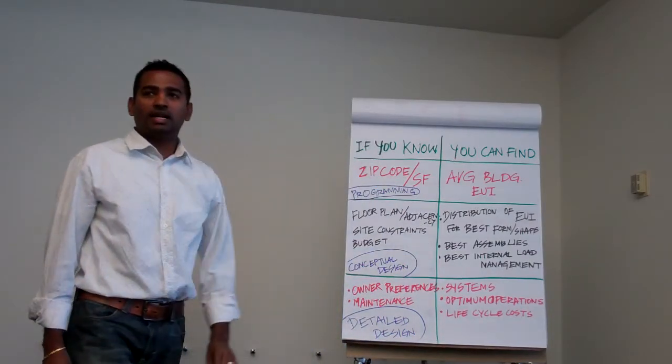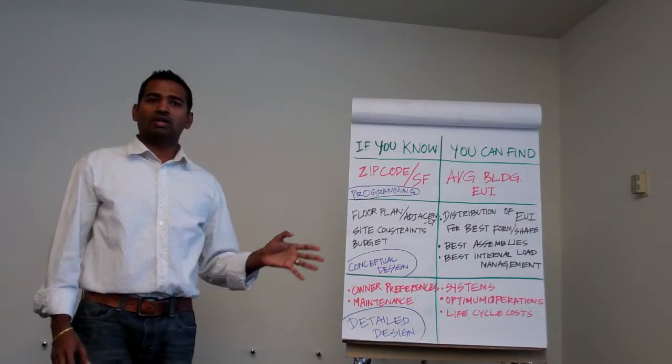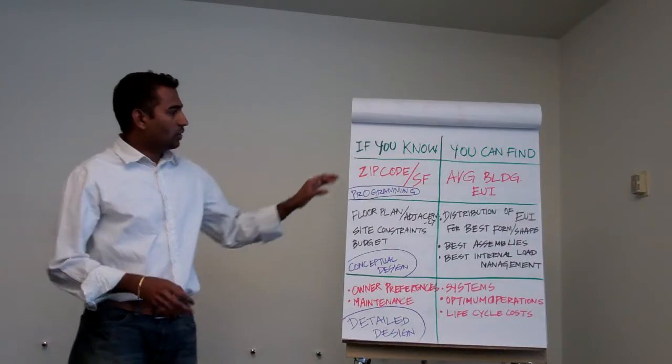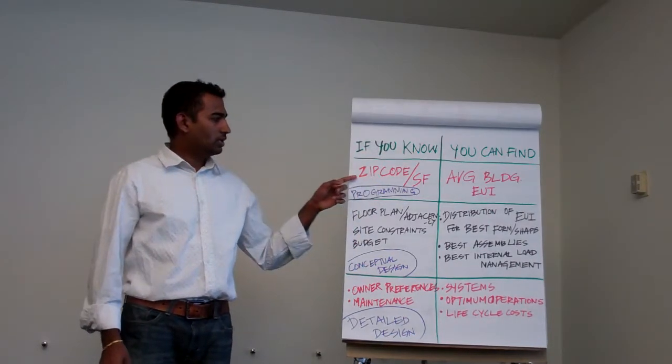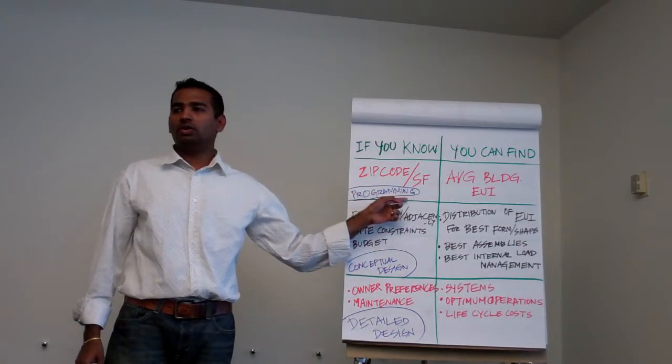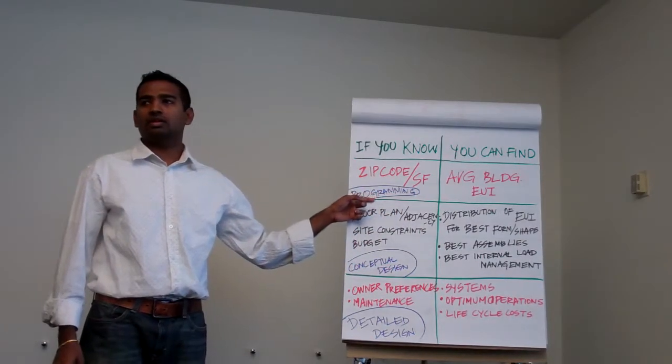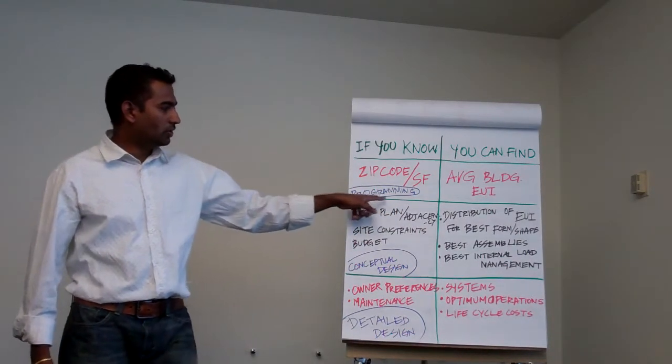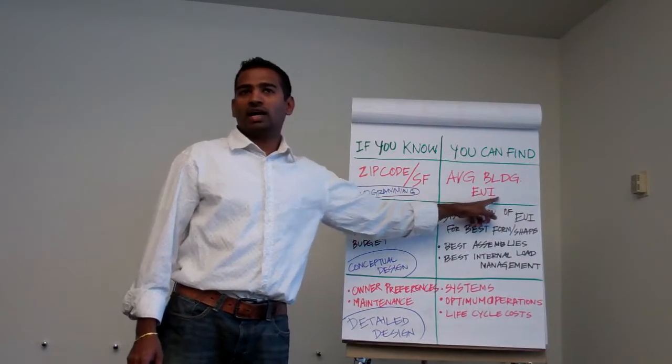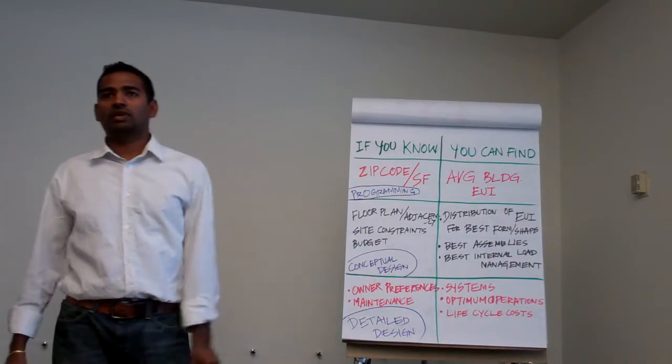Okay, so I'm going to try to relate this to our design phase. So if you know the zip code and square footage, when do you know this? Usually the programming at the beginning. Okay, so you know this. Then you can find average building EUI, right?